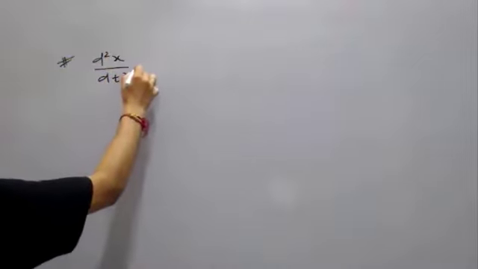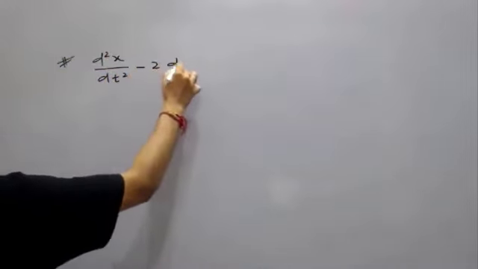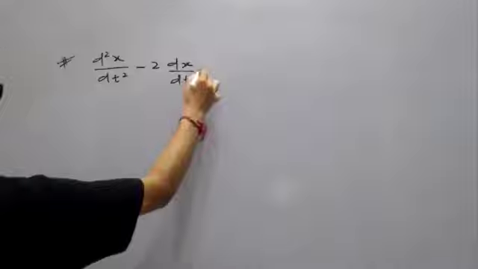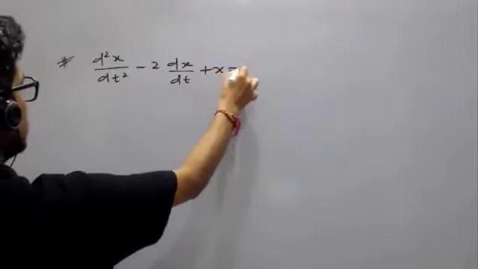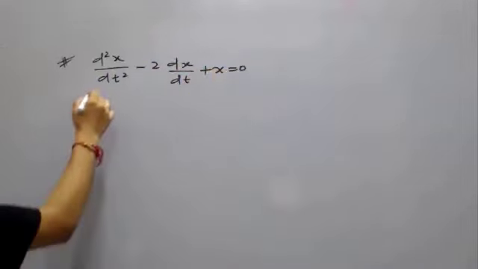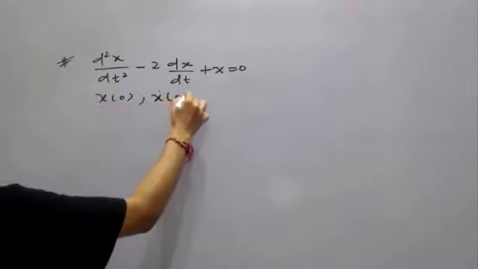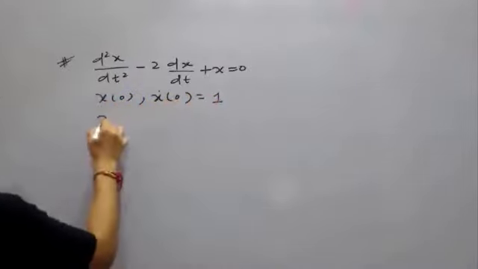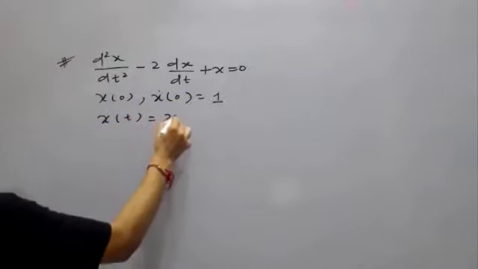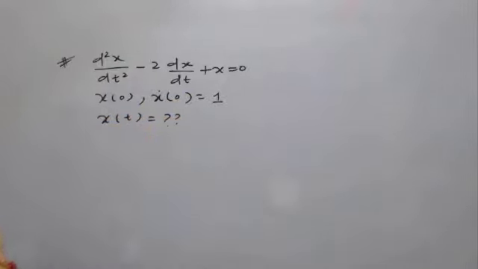d2x by dt2 minus 2 dx by dt plus x is equal to 0, x0 is 0, x dot 0 is equal to 1, x of t is question mark. Sir, here x0 and x dot 0 both are 1?